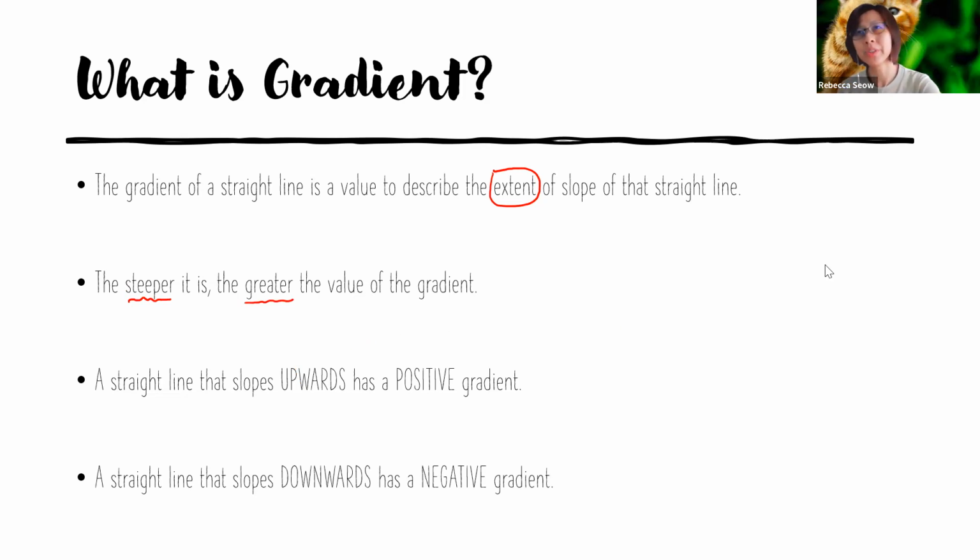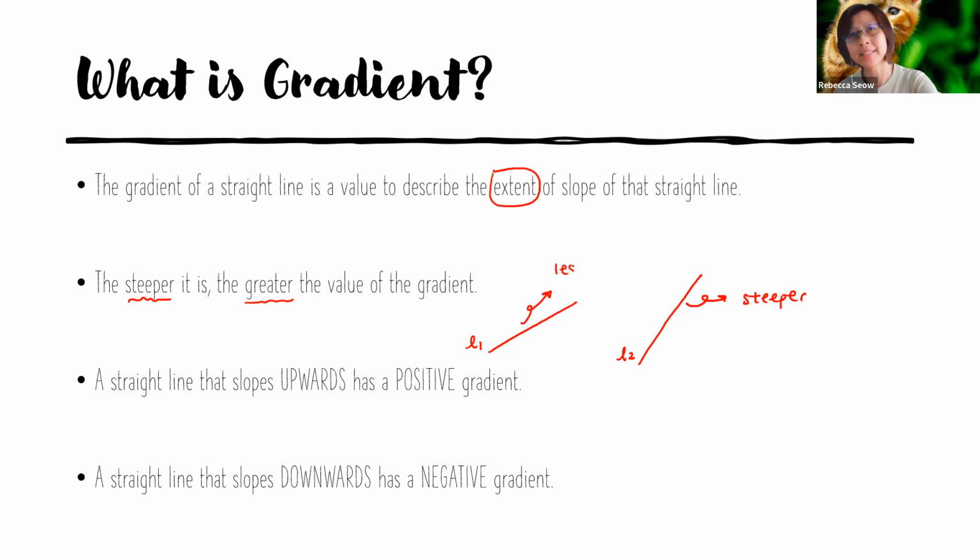So if I were to draw you two lines, we have line 1, I'll label it as L1, and we have line 2, L2. Comparing L1 and L2, which one is steeper? Which one is less steep? Looking at them, you would probably say that L2 is steeper compared to L1, right? And how would you describe L1?